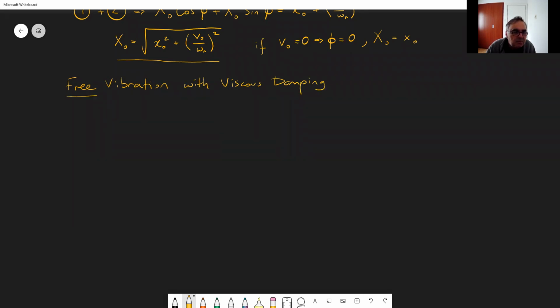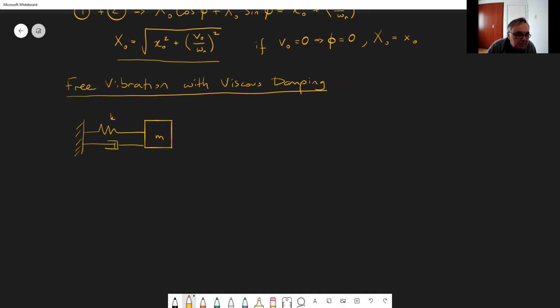So we have added one more thing to our system. We have a mass spring system, but just as in real systems, there has to be some kind of dissipation, and we model that dissipation by a damper like here. So this is X of T.